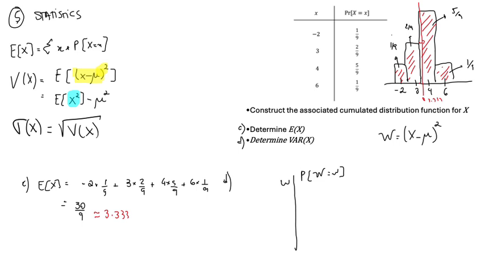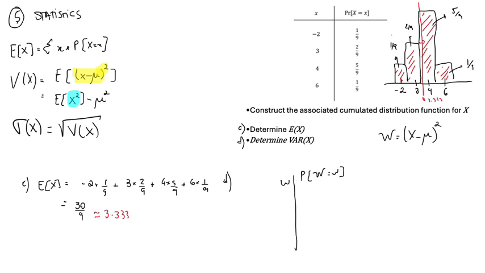So what is the value that your newly created variable takes on if x is minus 2? I'll do all these calculations. In the test, the numbers will be more friendly if they ask the variance.